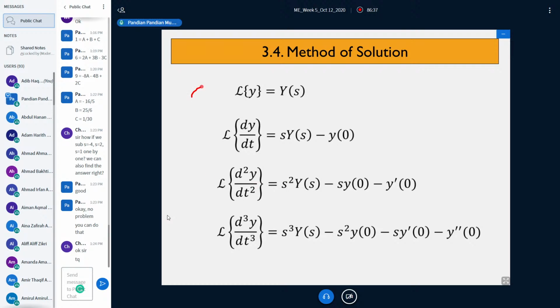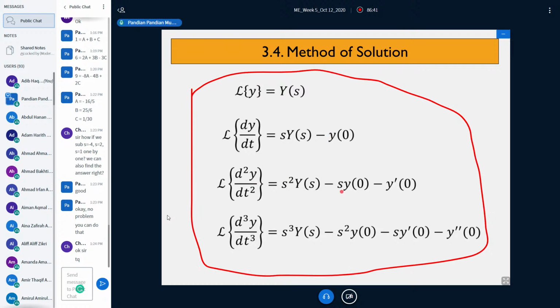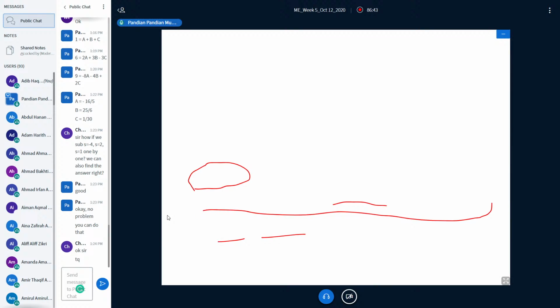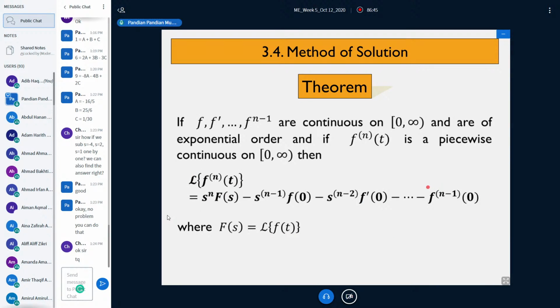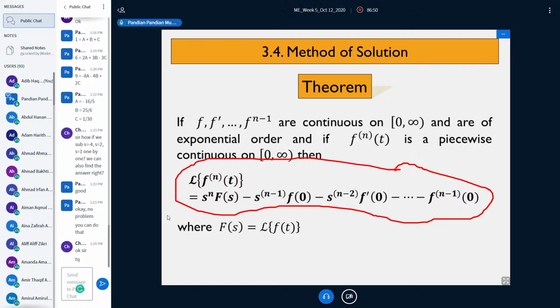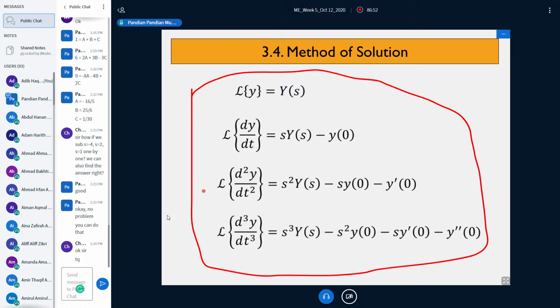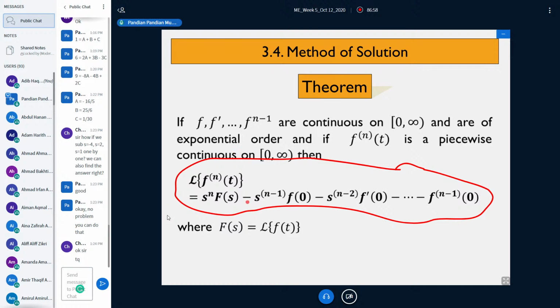You must know how to get this from here. If this one is given, of course, you just copy. But if this one is given, you derive yourself.